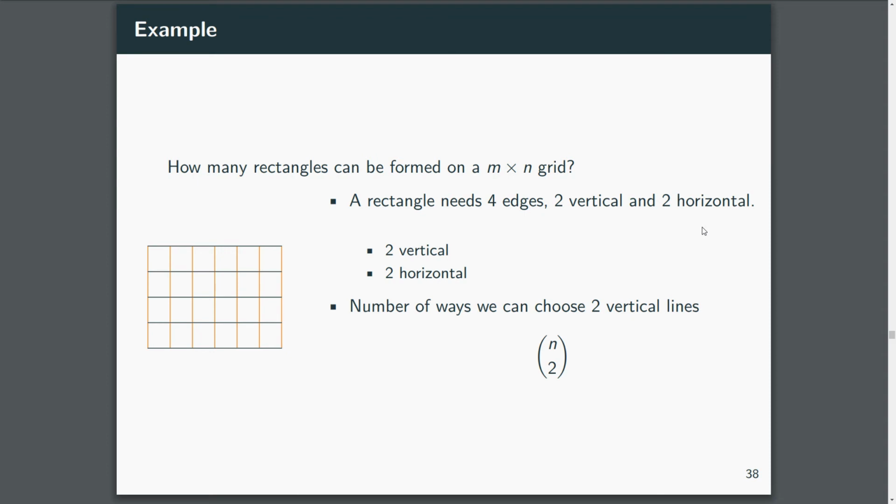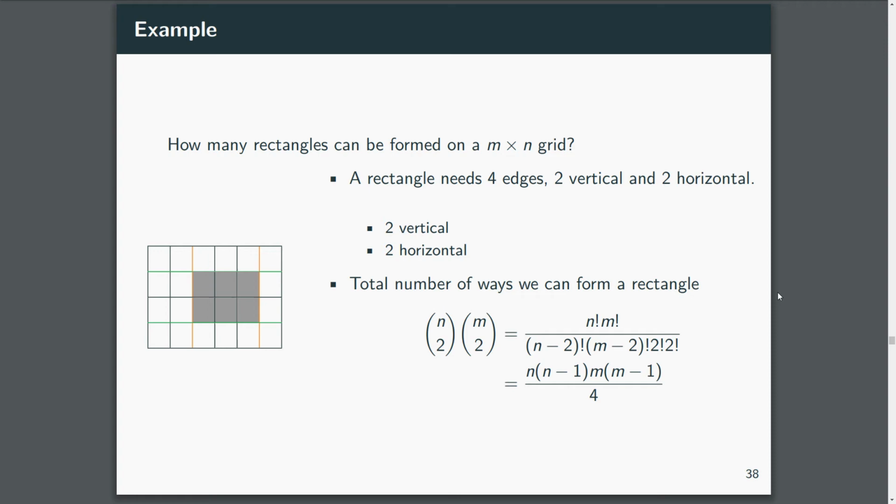And the number of ways we can choose 2 vertical lines, well, we have n of them here, 1, 2, 3, 4, 5, 6, 7 in this case. So it's just n choose 2. Same for horizontal lines. It's m choose 2.